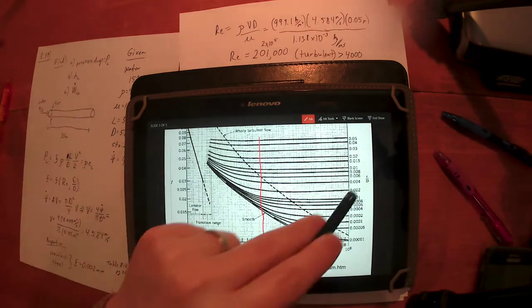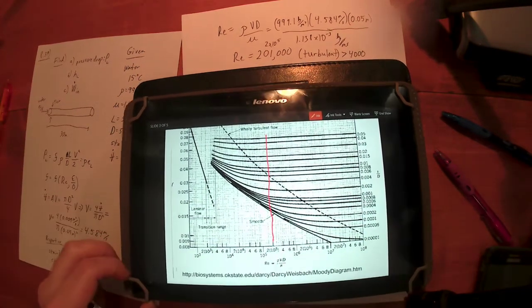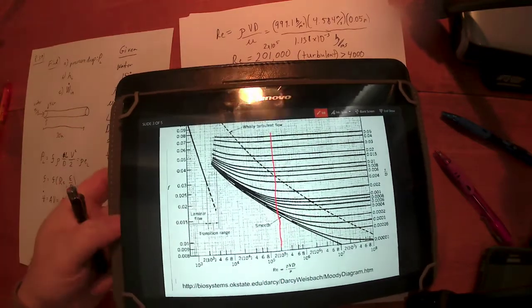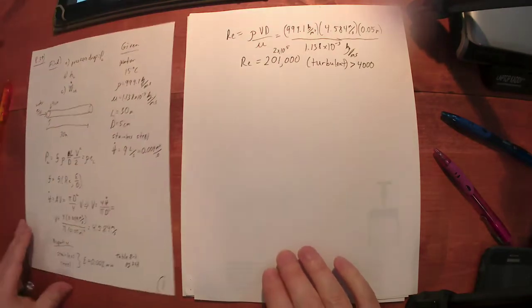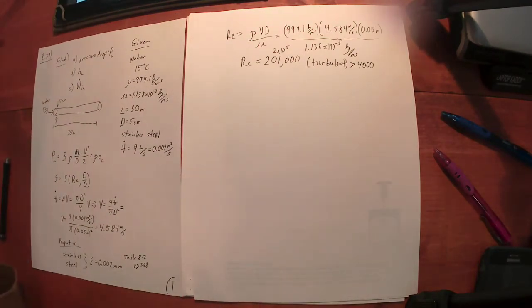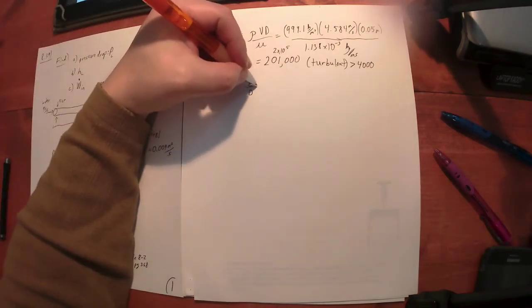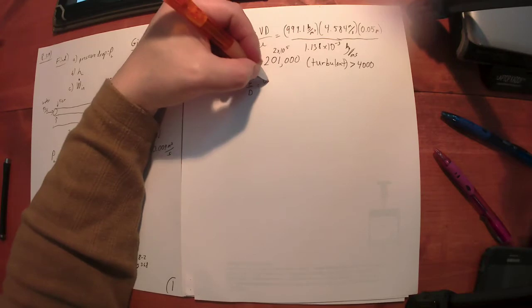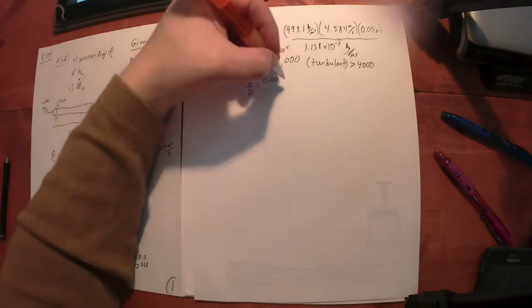I need to know what my epsilon over d value is. What is my relative roughness value? Well, remember we found, and I borrowed this from another instructor, I do need a source there, that epsilon was 0.002 millimeters.